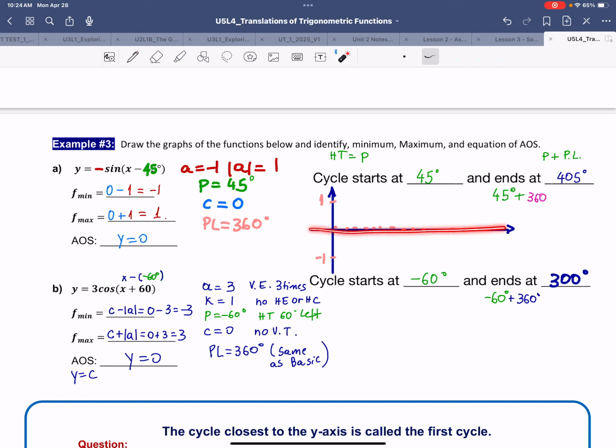We need to scale the horizontal axis. When I scale the horizontal axis, I always look at the horizontal translation because I want to make it very clear where the horizontal translation is located. So if it is at 45 degrees, for example, I would want my first unit here to be 45 degrees, and I would go by 45 degrees.